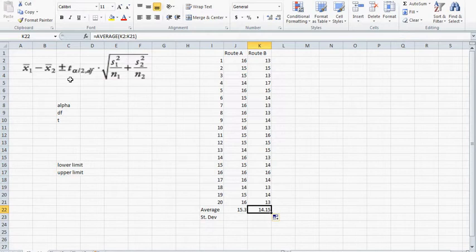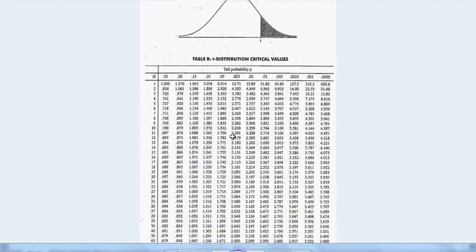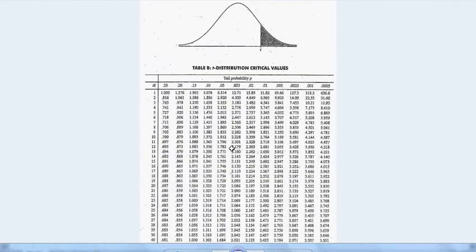Then next we have this t. Now this t isn't a variable related to our data, but it is a statistics variable. I've linked to a t-chart in the article, and you can Google them; they're all the same. Doesn't matter. What this tells you is the probability of the mean actually being in this t region.